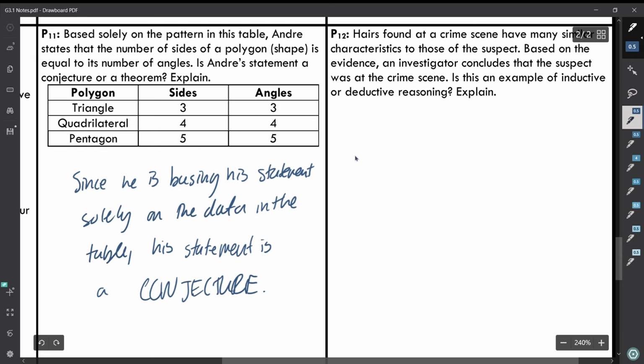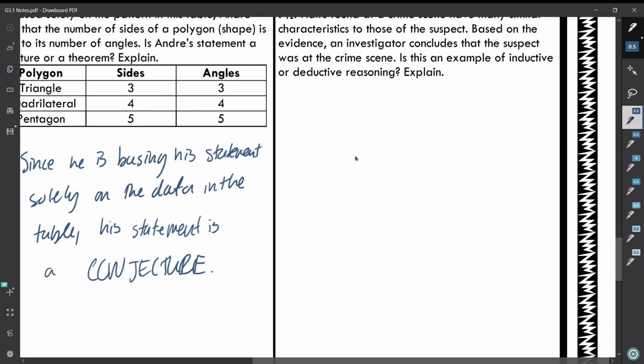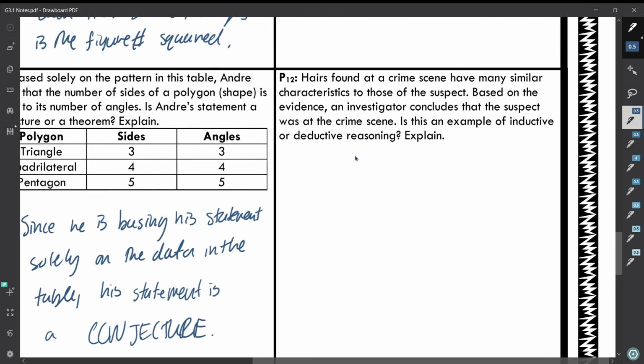If he wanted to show this with a theorem and show it's true for any type of shape, he'd have to use some type of logically true general statements to support his conjecture and make it a theorem.